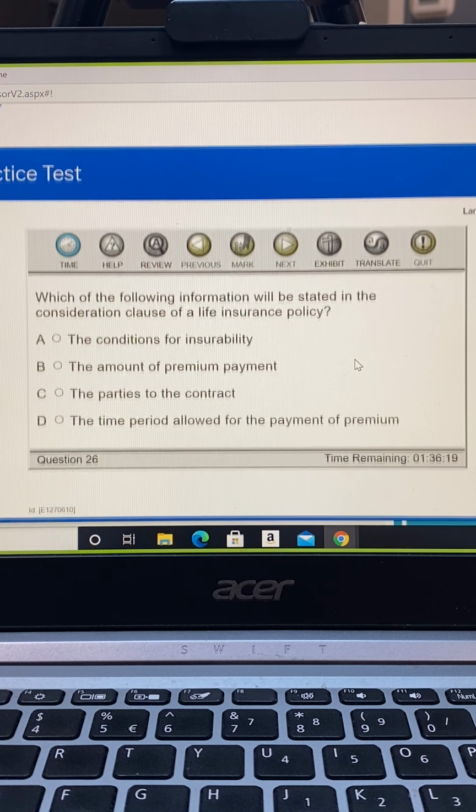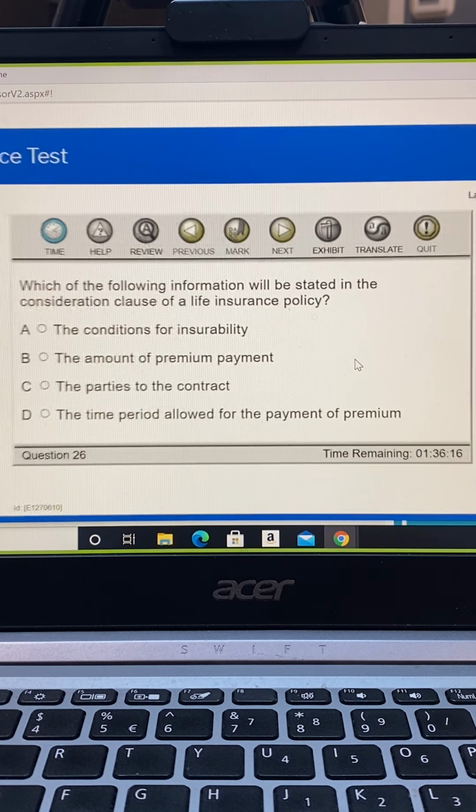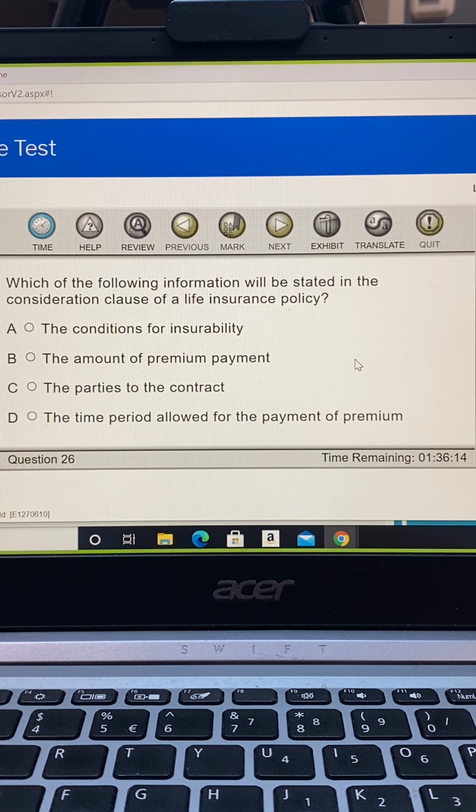Information stated in the consideration clause of your life insurance policy. The conditions of insurability, the amount of premium payment. That's the parties to the contract? No, I think, and I may be guessing a little bit, it's either the premium or the conditions for insurability.